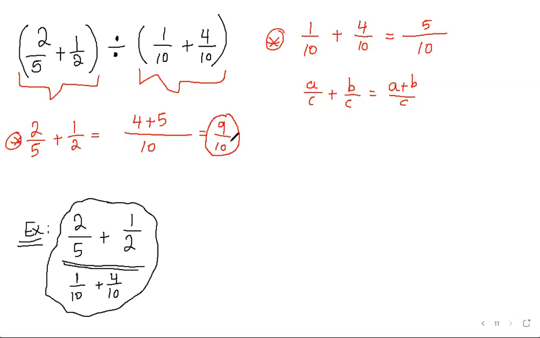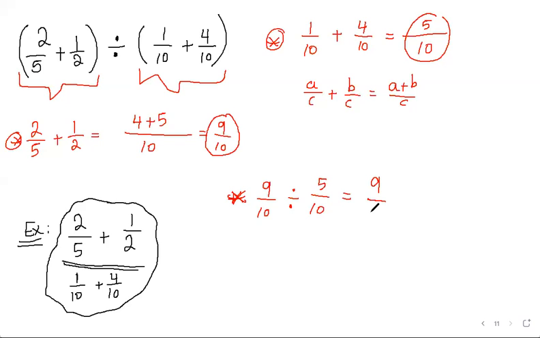Now we will divide this one by this one. So the last step: 9/10 divided by 5/10. I said for dividing, we flip the second part, and we change the division to multiplication, going back to the properties in section 2.